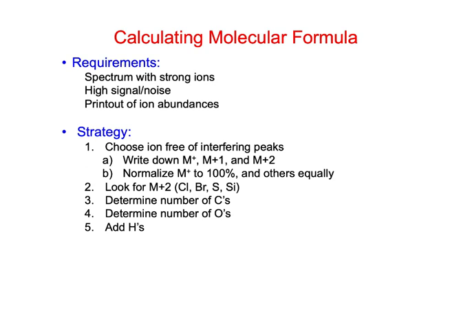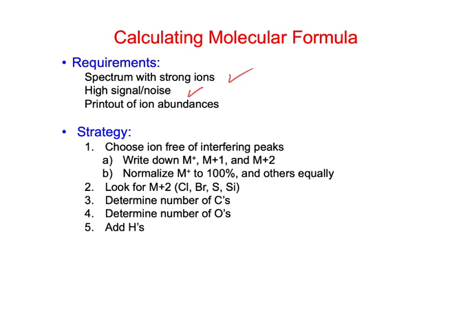So the requirements to use this technique are that the spectrum has to have strong ions with a high signal-to-noise ratio. What is strong ions? What do you mean by spectrum? Well, they go together. It can't be a real noisy spectrum where you may have noise superimposed upon the ion abundances.